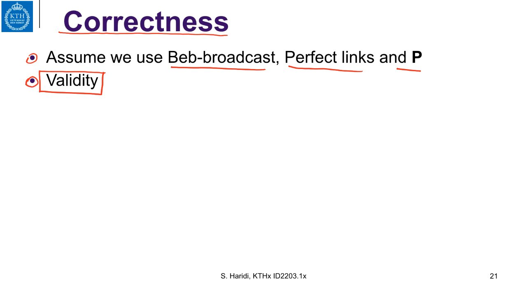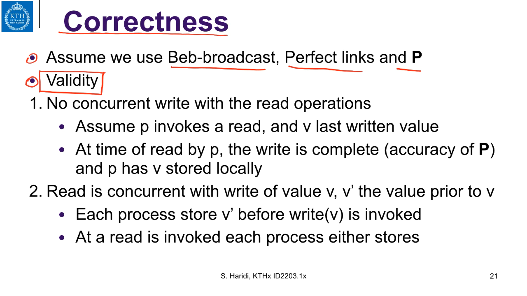In the case of validity, we have two cases that we have to consider. One case is where a process is reading, but there is no concurrent write. In the other case, a process is reading, and there is a concurrent write. So let us take the first case: no concurrent write with a read operation.